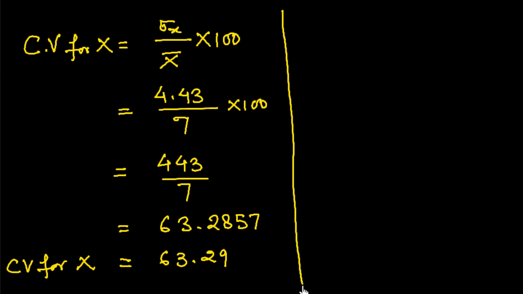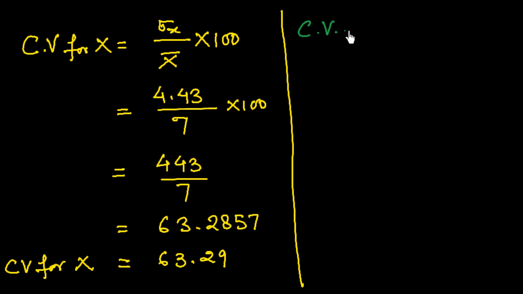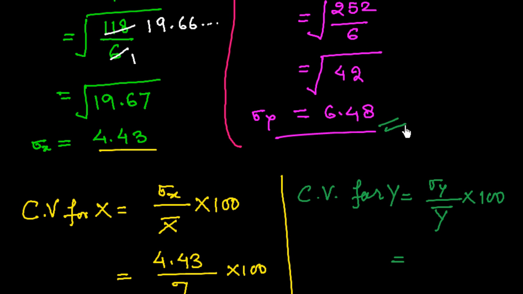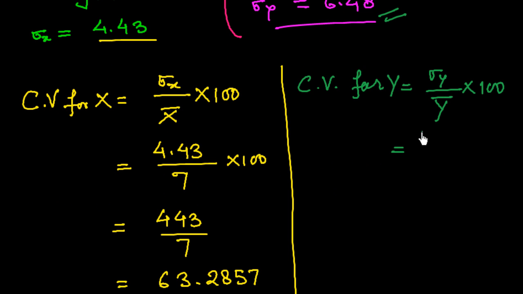Now we find out the coefficient of variation for y, which is equal to standard deviation of y over mean of y into 100. So the standard deviation of y is 6.48. We have to put down here 6.48 over, we know the mean of y is the same as it is of x in this question.